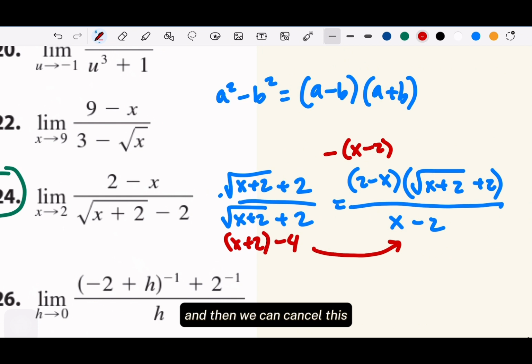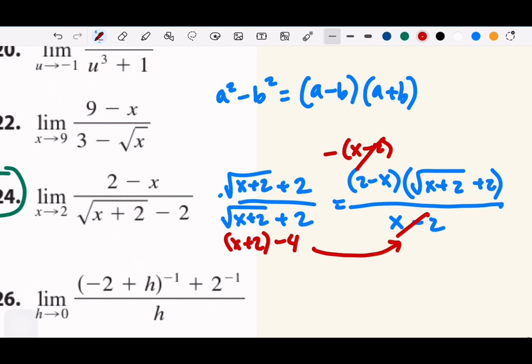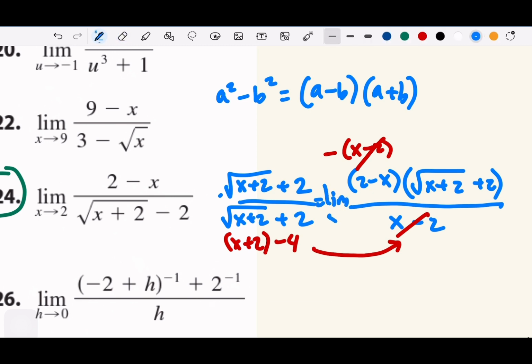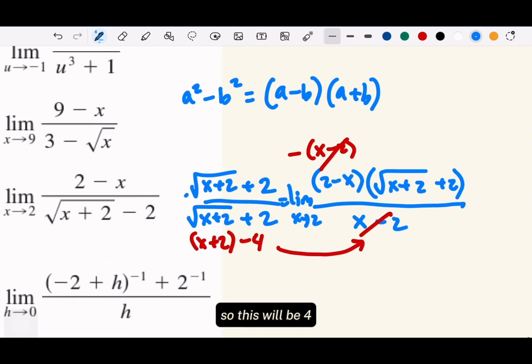So we can take this x minus 2 and then cancel this. I forgot to write limit here. So take the limit. What is the limit? 2 plus 2 is 4. Yeah, this is the limit. I forgot to write limit. So this will be 4.